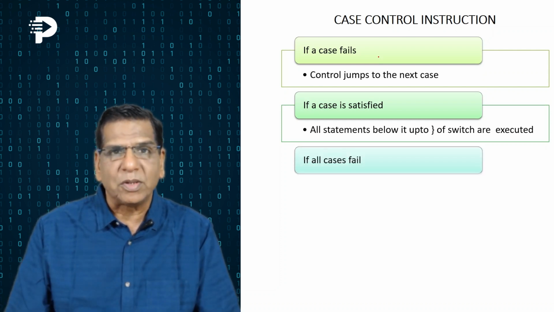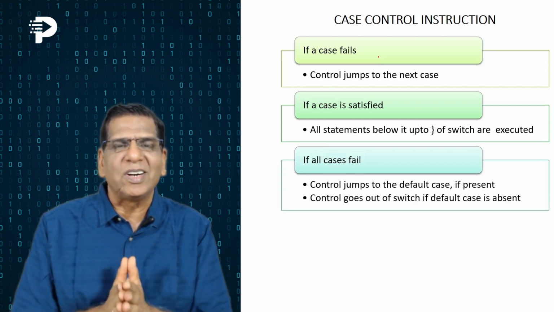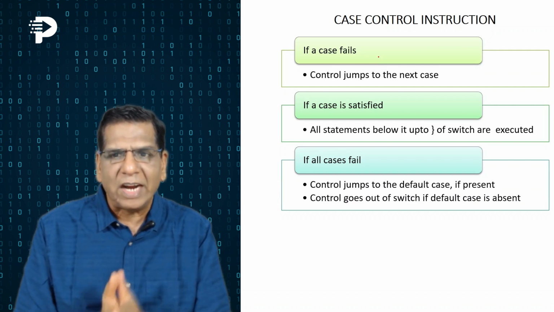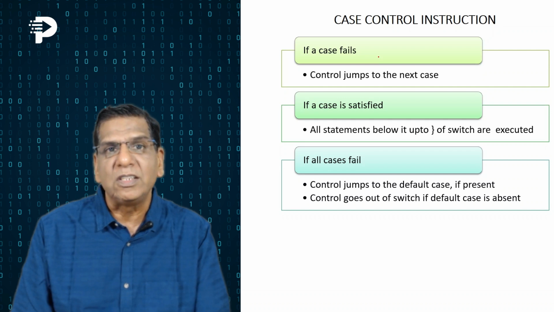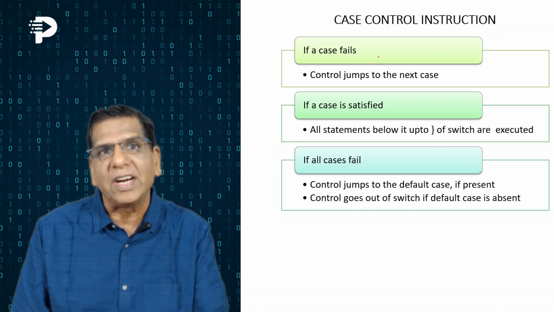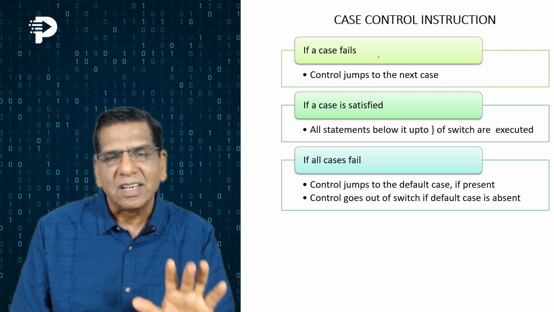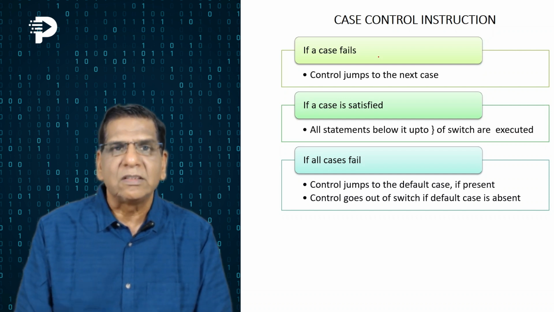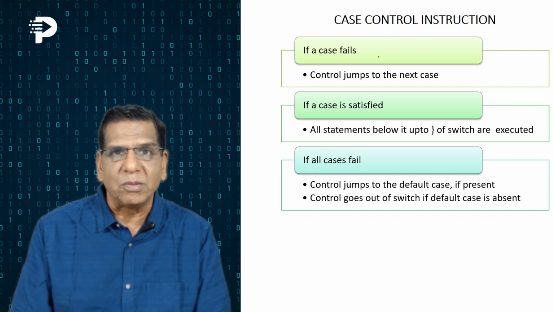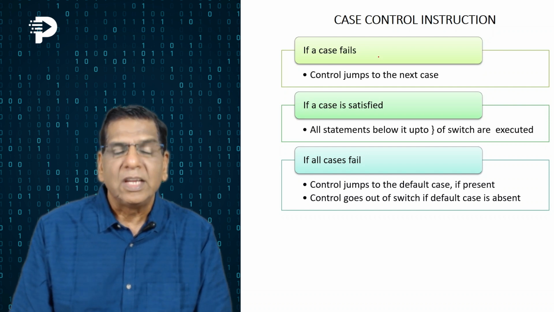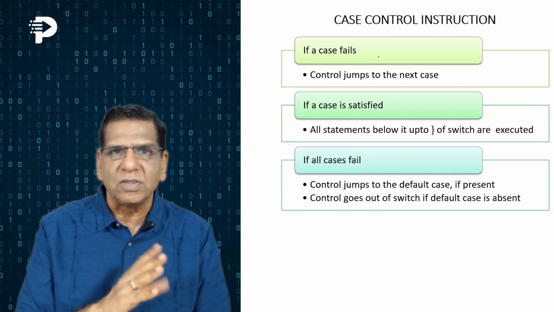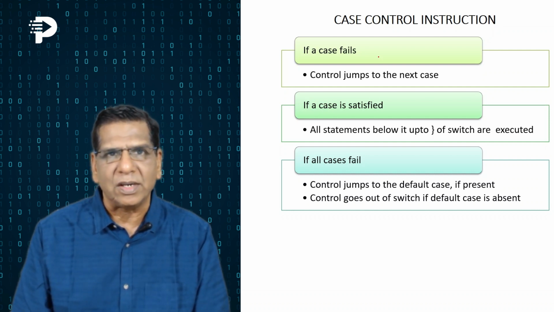Now there is always a possibility that every single case that you have written within a switch fails. If that so happens, the control will jump to the default case provided it has been written within the case control instruction. Since default case is optional, it may not even be present. If it is not present, then control will go completely outside the switch if none of the cases are satisfied.